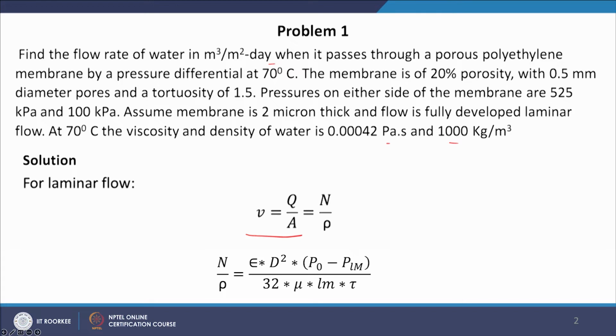So, here the values are given. Using those values we will be calculating this term, that is V equal to N by rho, that is equal to Q by A.